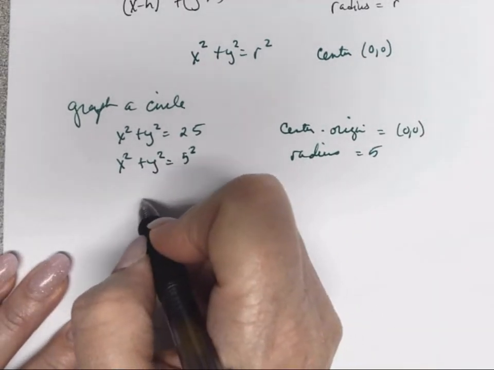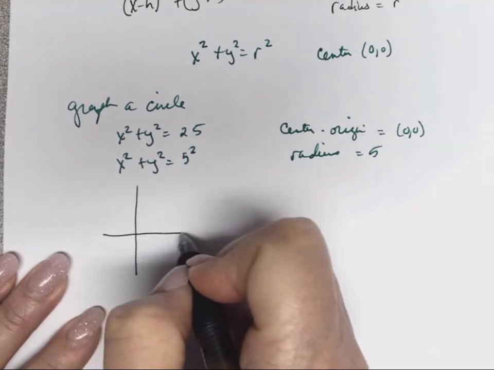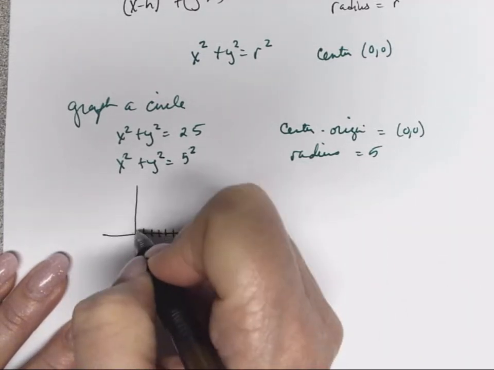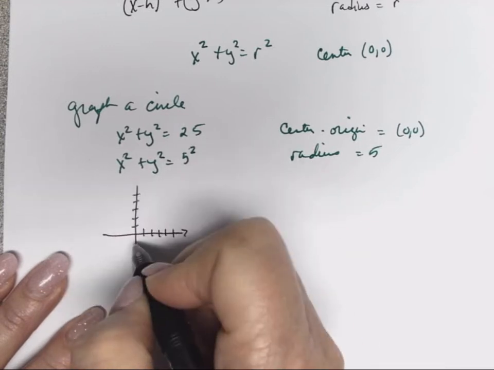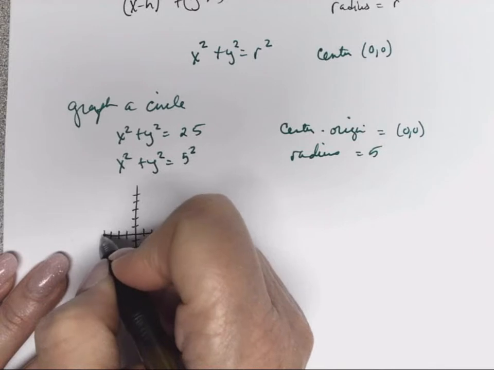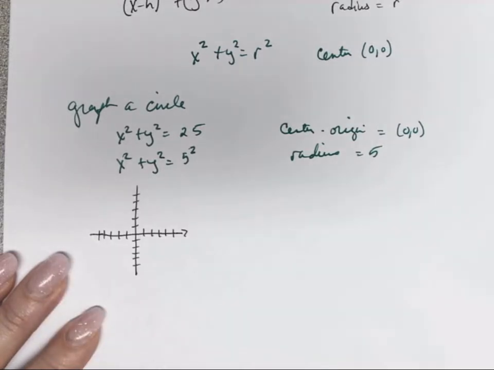So let's draw a grid. And we need 1, 2, 3, 4, 5, 1, 2, 3, 4, 5, 1, 2, 3, 4, 5, 1, 2, 3, 4, 5. Let's extend that out just a little bit.